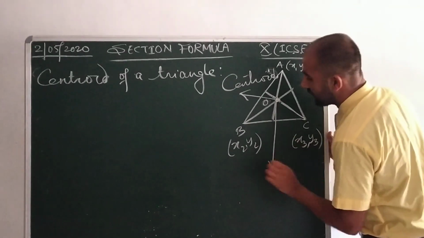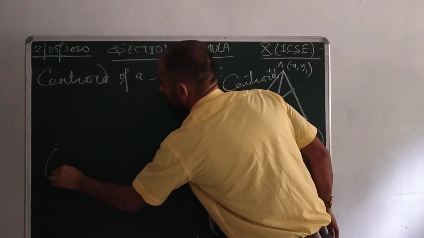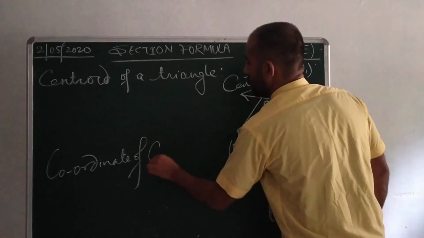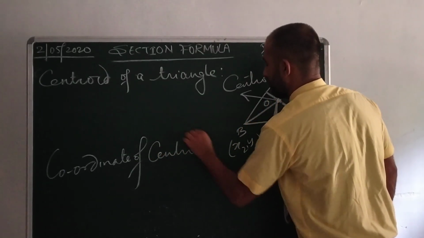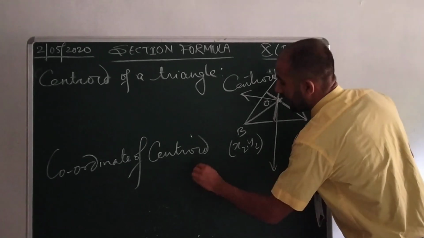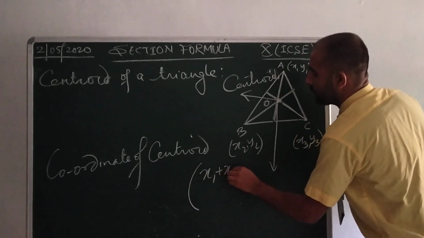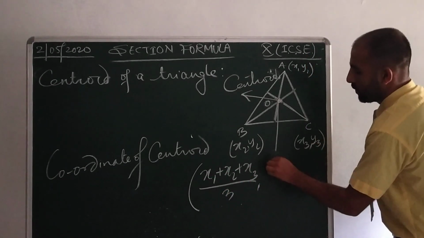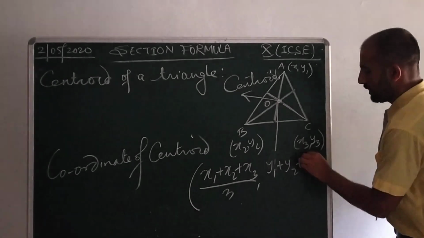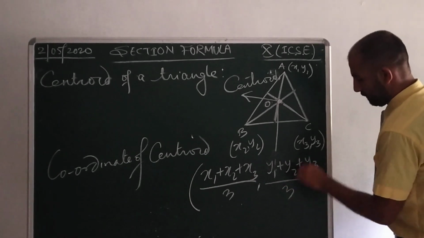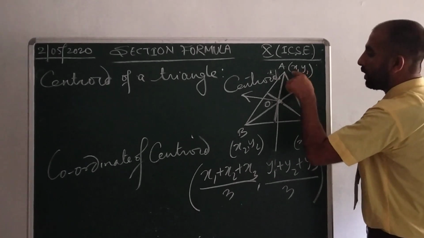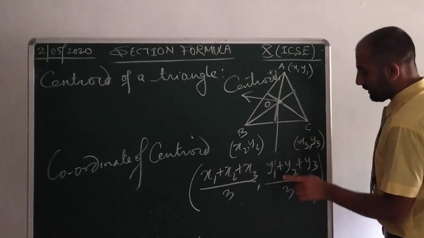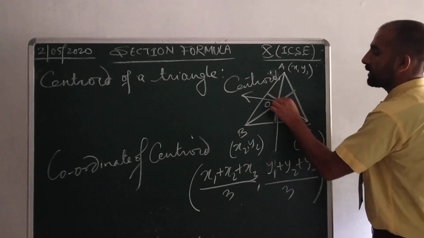Then the coordinate of the centroid is given by (x1 plus x2 plus x3) by 3, (y1 plus y2 plus y3) by 3. That means add all x coordinates and divide by 3. Similarly, add all y coordinates and divide by 3, and that will give you the coordinate of the centroid.